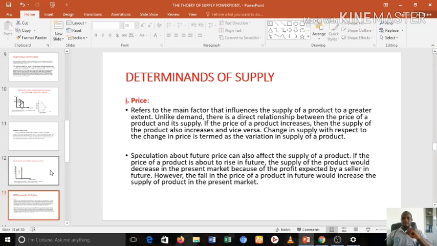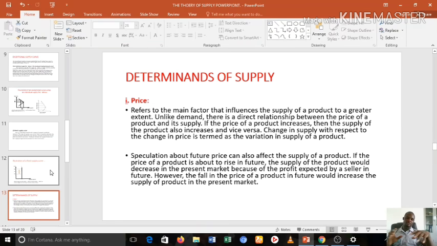Good. Now let's look at determinants of supply. What are the factors that lead to an increase or a decrease in quantity supplied? Determinants of supply are simply those factors that will influence the supply of goods and services. What are those factors that will influence the supply of goods and services in the market?